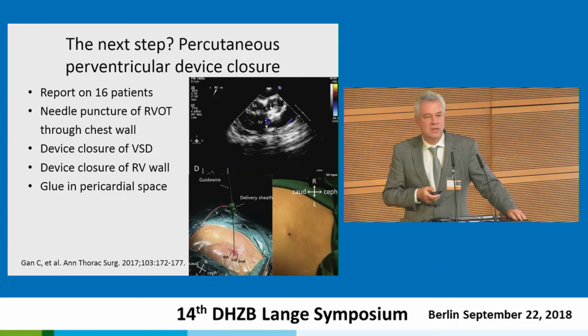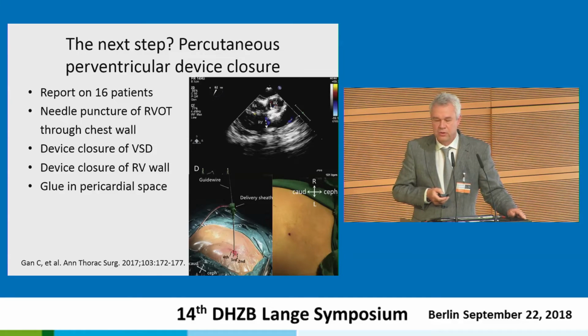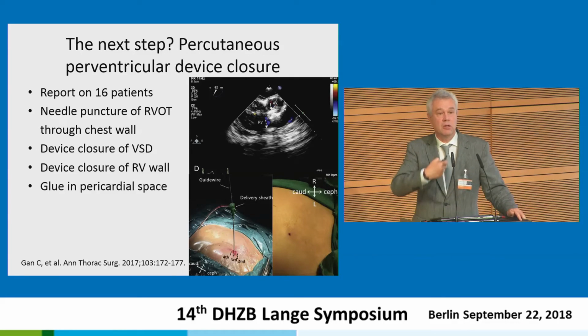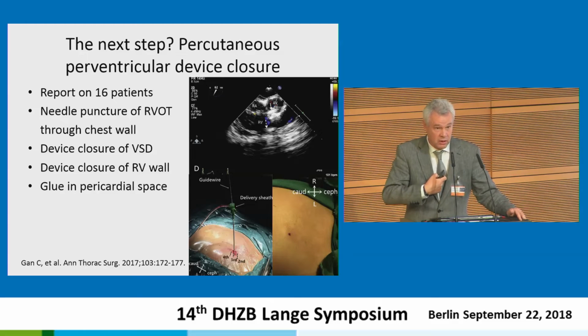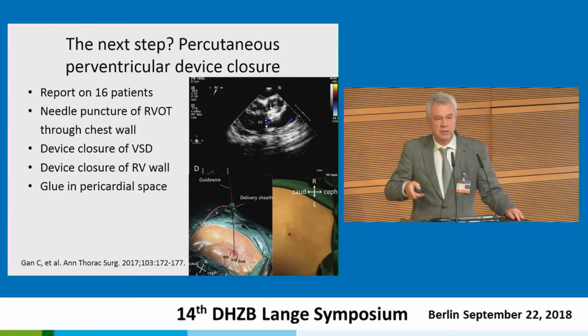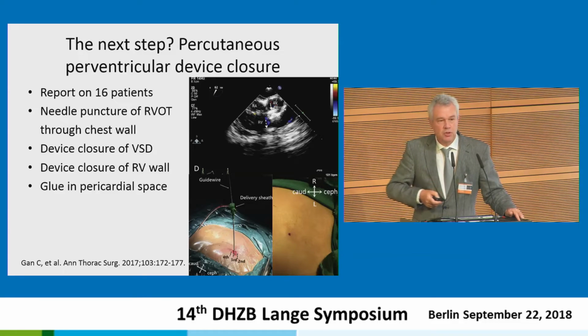The report is on 16 patients, 15 were successful: needle puncture of the RVOT through the chest wall, device closure first of the VSD, then device closure of the right ventricular anterior wall, then glue to the pericardium, and then wait and see. Only 1 patient had a drainage of a pericardial effusion, all the others did well, so maybe that's the next step.